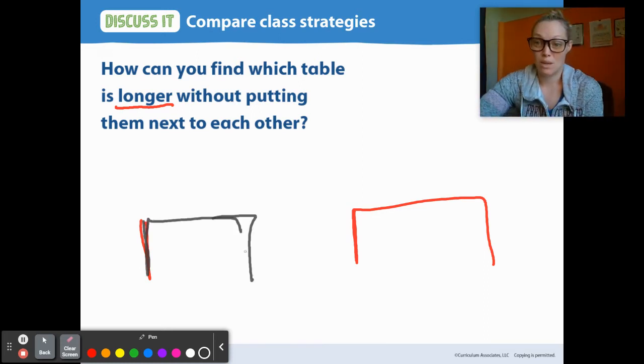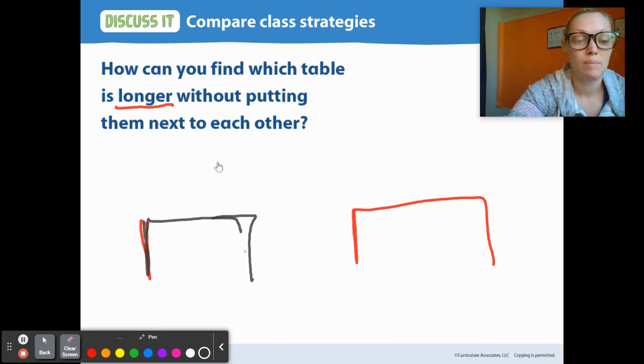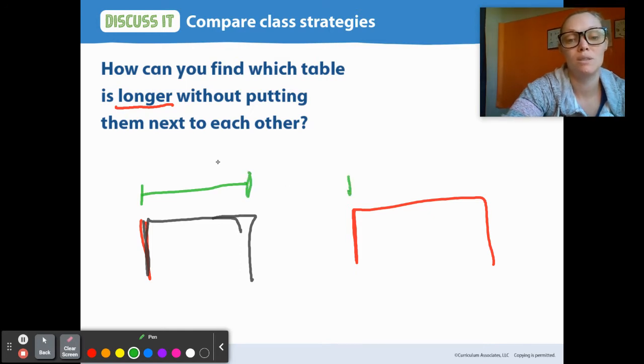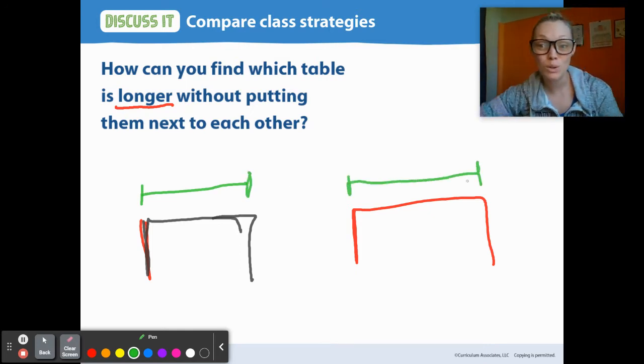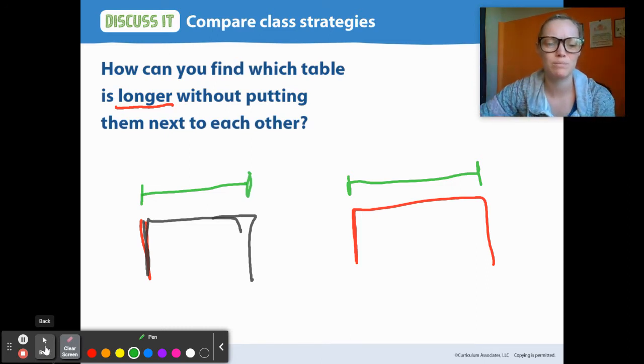Some of you said, maybe I'll use a different object. Maybe you used your arms. So some of you might have said, use an object to measure. Some of you might have said, use a ruler, or a yardstick, or meter stick to measure. But you got to use something else to measure if you can't line them up by each other.